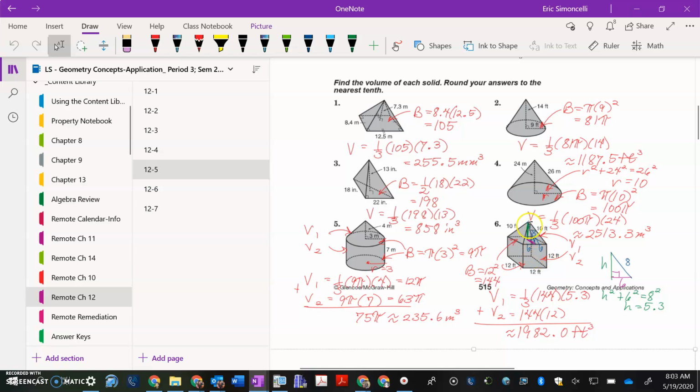It just so happens again that you have edges here of 10 and 10. So you actually do know that that respective slant height happens to be 8.